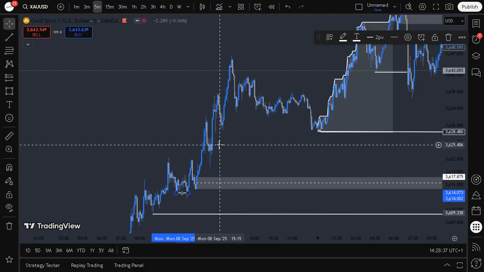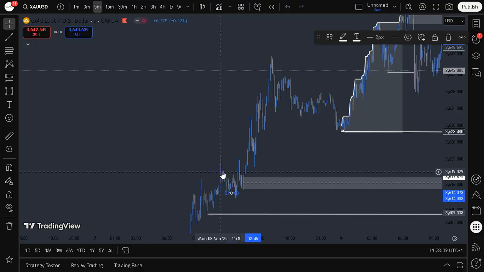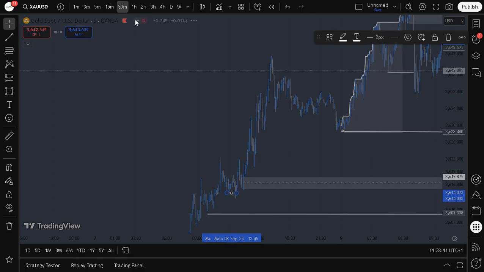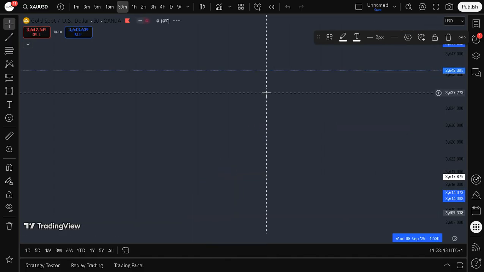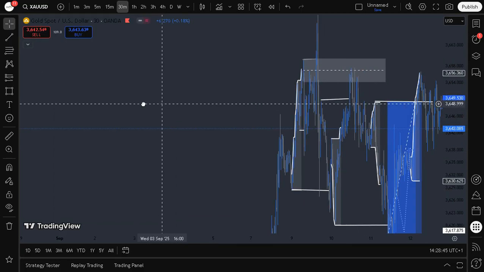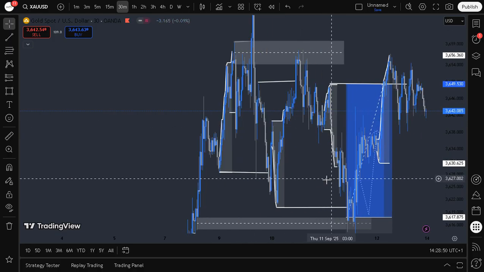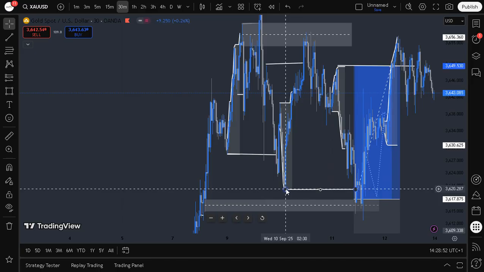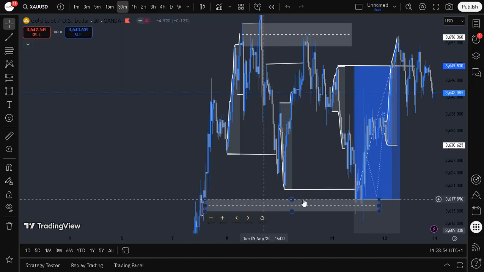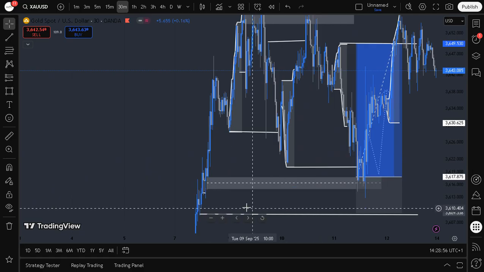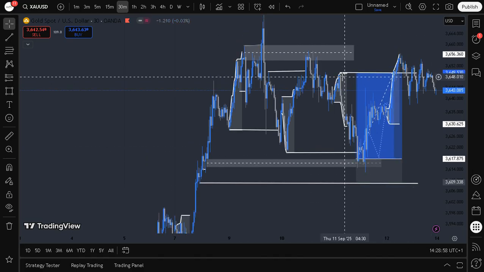So what I did in fact was looking for the closest zone below the Asian low, because I did in fact notice that once price takes out the Asian highs or lows on gold, we do in fact tend to see a reaction, right? This was the Asian low right here, and the 5-minute zone was the closest to me. Right, so we did in fact put a stop loss below there and then targeted the Asian high.